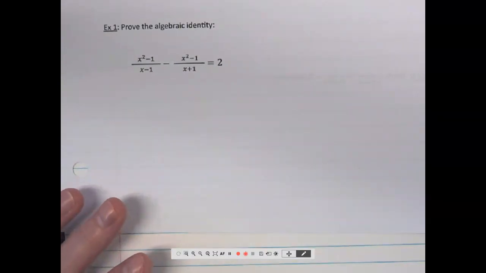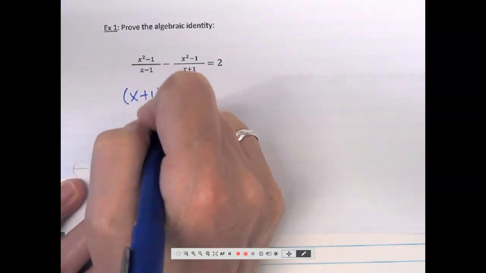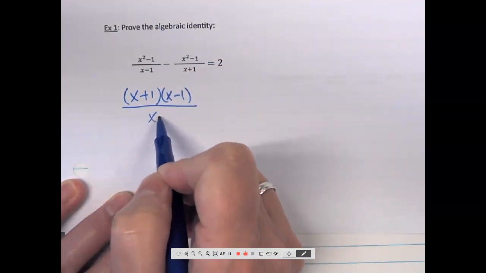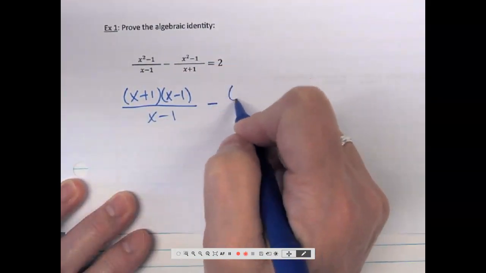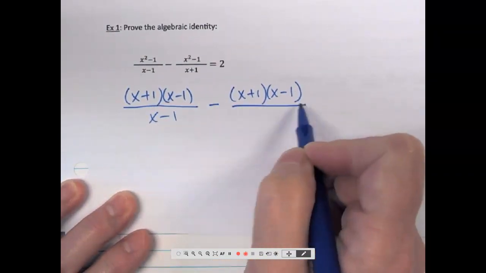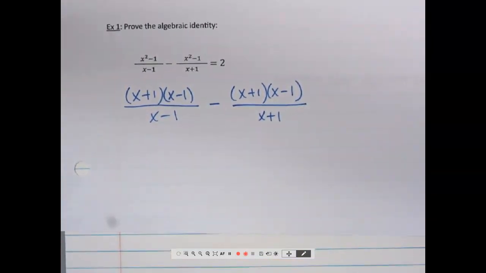The numerators are both difference of 2 squares. Nice. Okay, so the left-hand side, I'm glad we saw that and didn't get common denominators. I'm going to factor both of these numerators. Difference of 2 squares, nice and easy to factor.